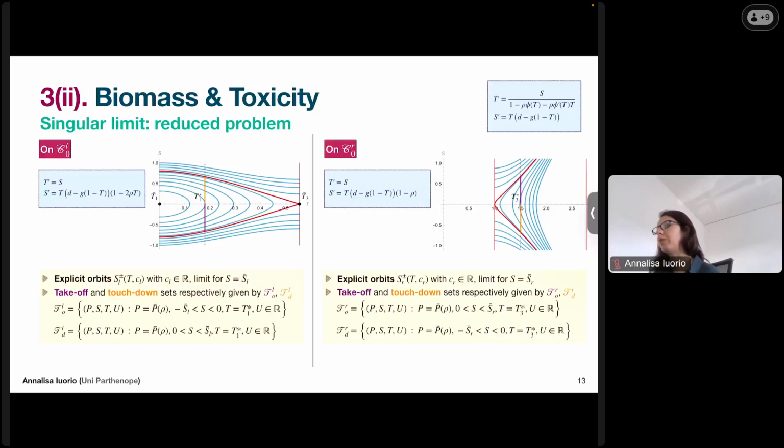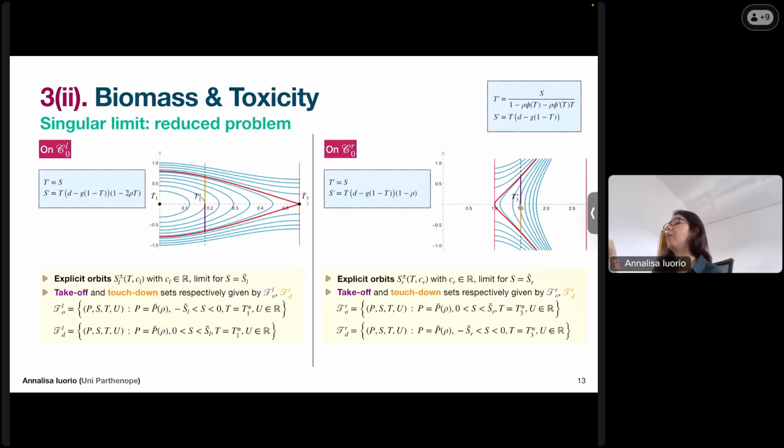We can fully resolve them and determine the so-called takeoff and touchdown sets. So we know where the fast orbit is allowed to land and where it is allowed to leave. And this gives us precisely the points where the fast orbit should land.